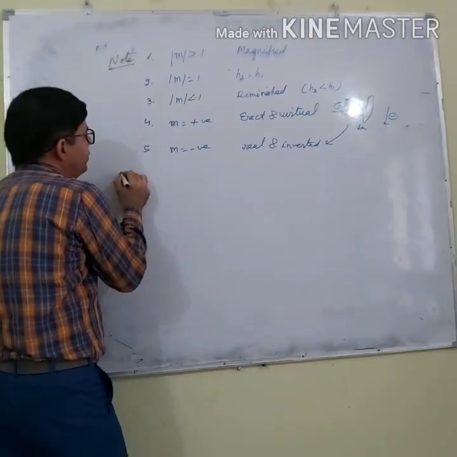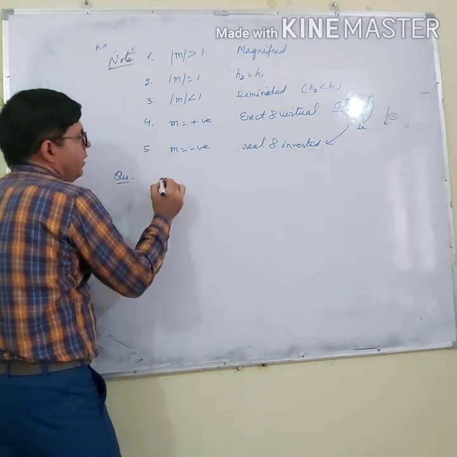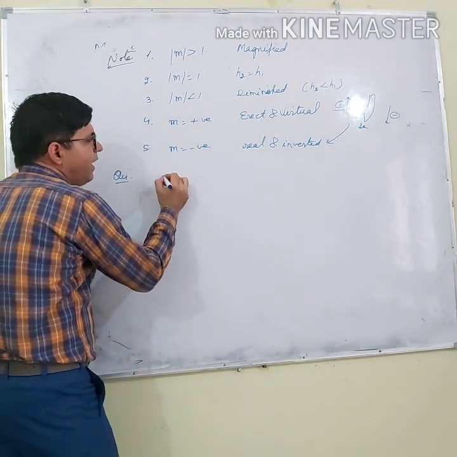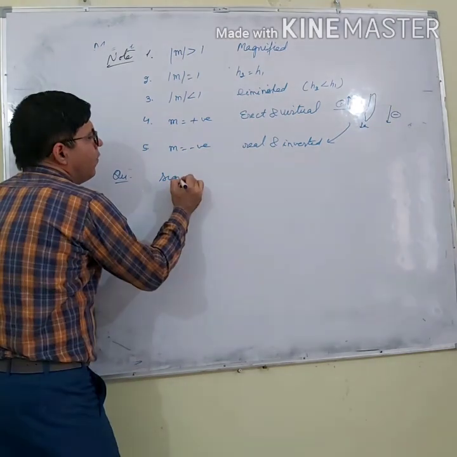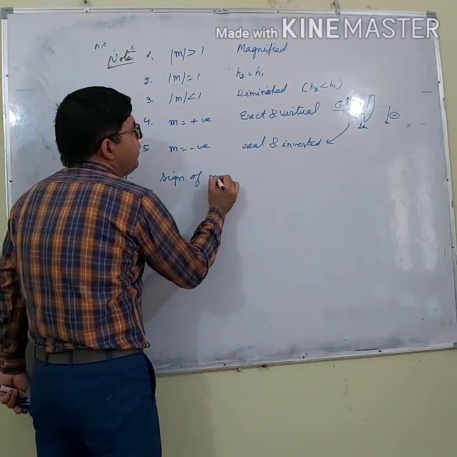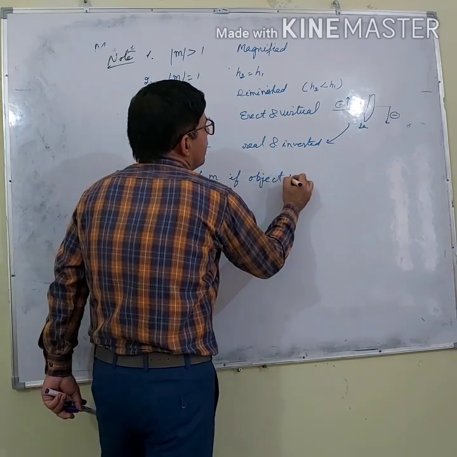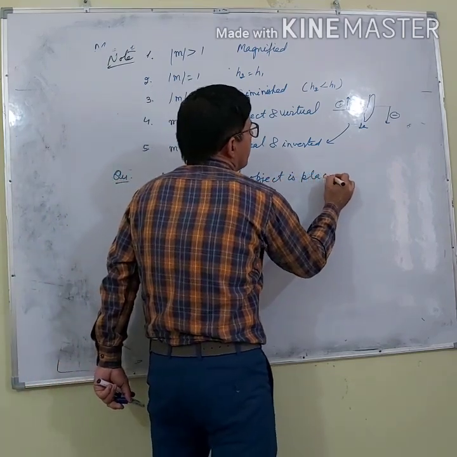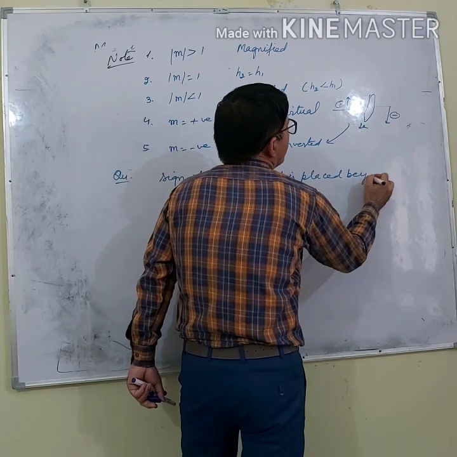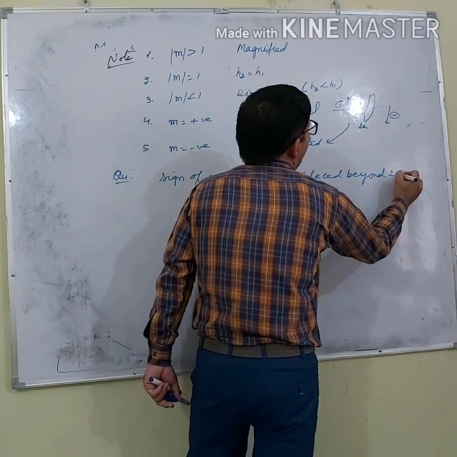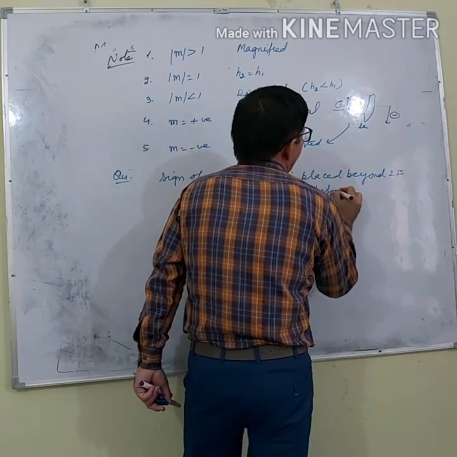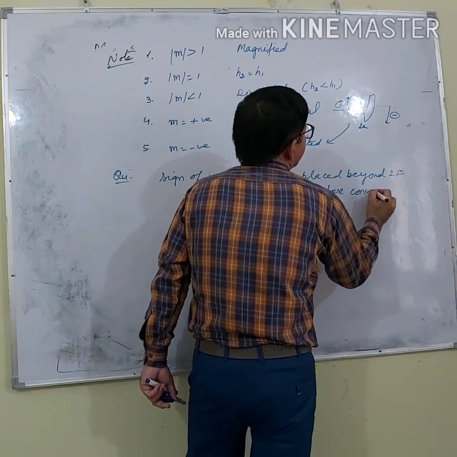If I ask the question, what is the sign of magnification if the object is placed beyond 2f before a convex lens?